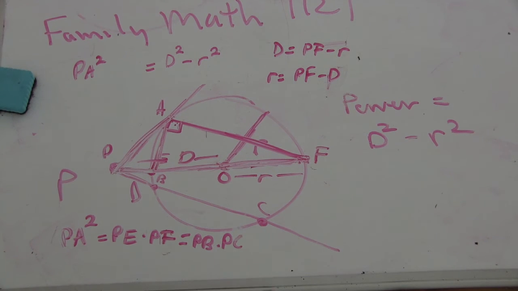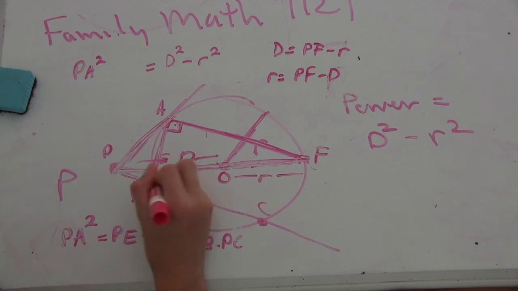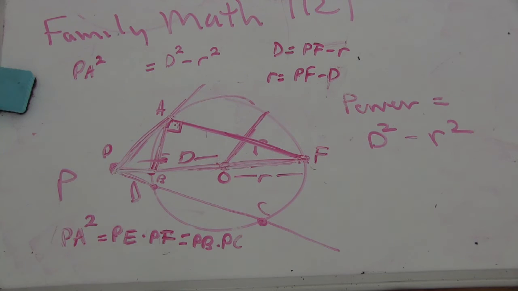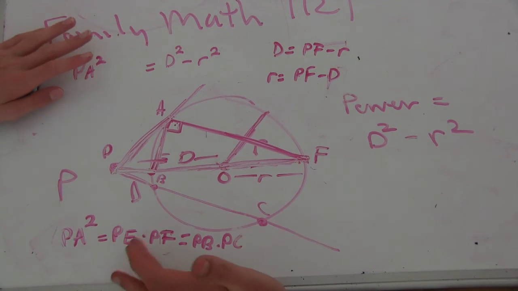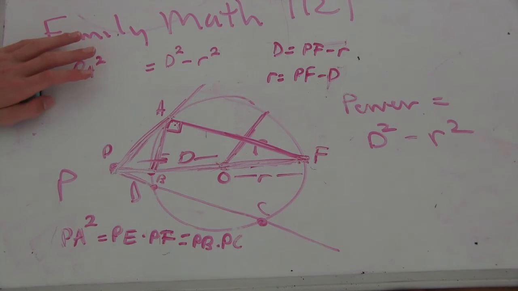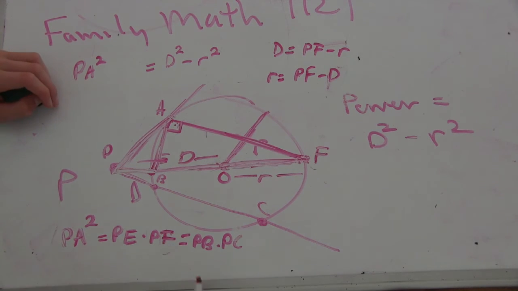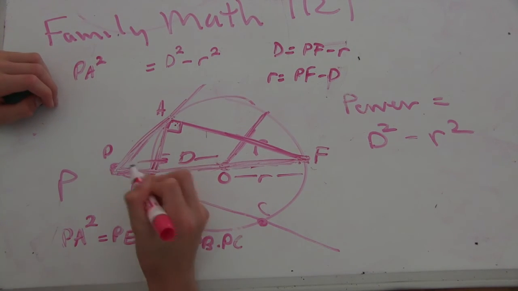We still don't see any relationship involving PE, so I don't think this is going to be super helpful. Well, it's not a bad line of attack because you are trying to compute PE times PF. So trying to see if you can write something down that PE equals is worth spending some time on.